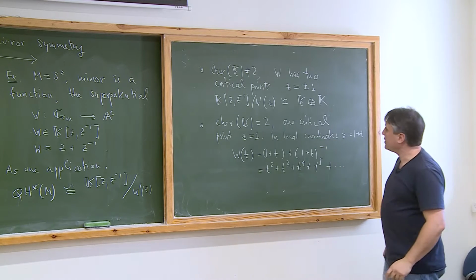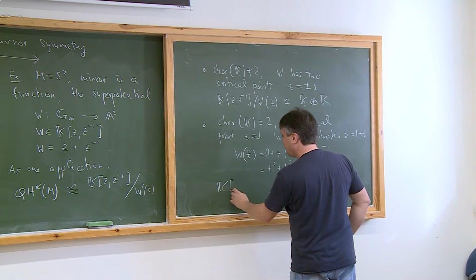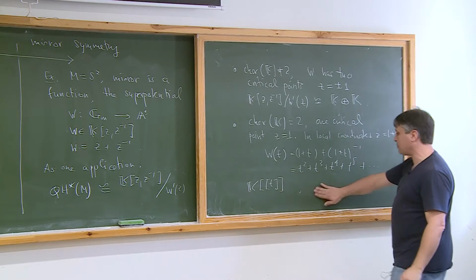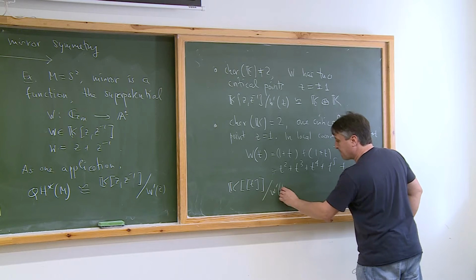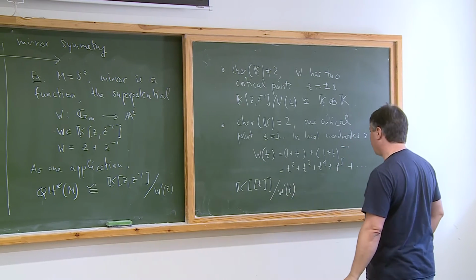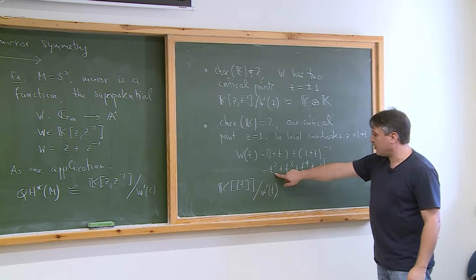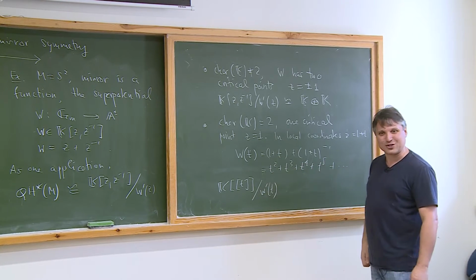Okay. So in particular, I'm going to use just a formal coordinate here, double bracket T, formal power series near this point. And yes, when you take the derivative here, the t squared term disappears, 2t, but 2 is characteristic 2.